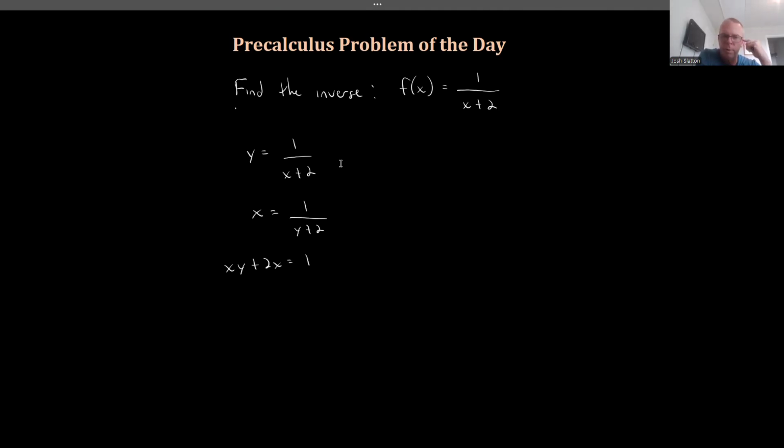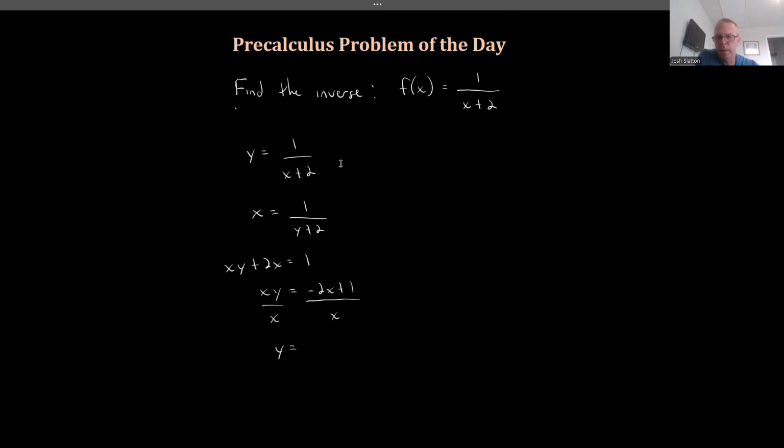Always keep in mind the goal when you're working a problem that has multiple steps like this. We need to get y by itself. So let's move the 2x over. We have xy equals negative 2x plus 1, and then we're going to divide by x.